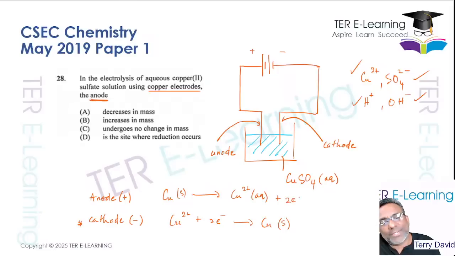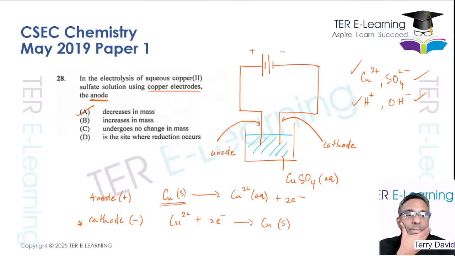This is the reaction that takes place at the anode. So if your copper anode is being converted to copper ions, it means that the mass is going to decrease. So the answer is going to be E. Right, so that's 28.